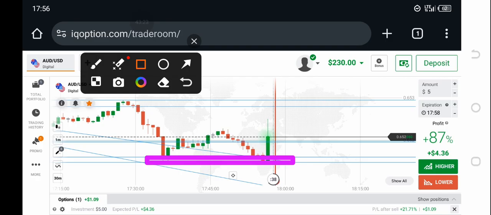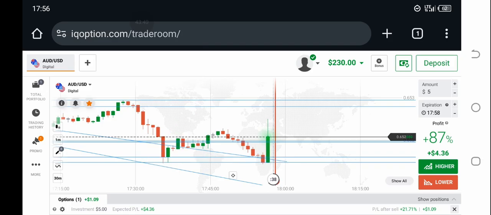Remember this strong bearish move that we opened our first trade from, that broke this particular level. Now after seeing a strong bearish candlestick at this particular level, and I saw rejections above, I now draw the complete area.